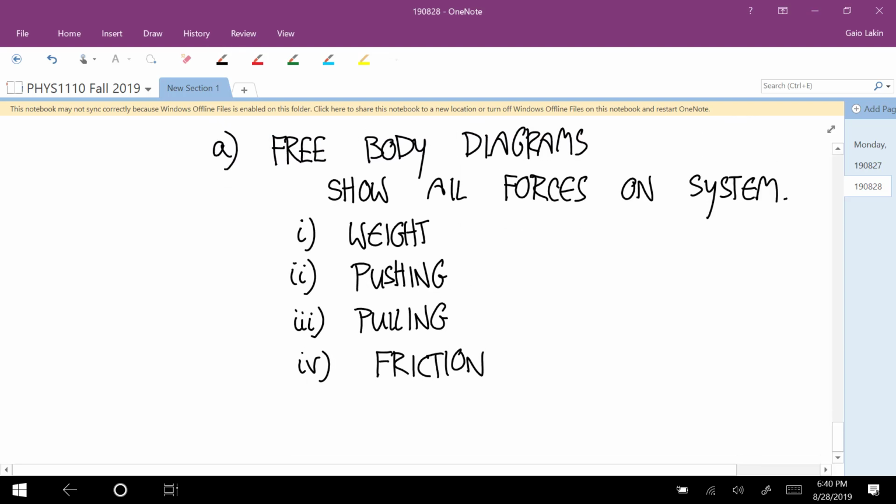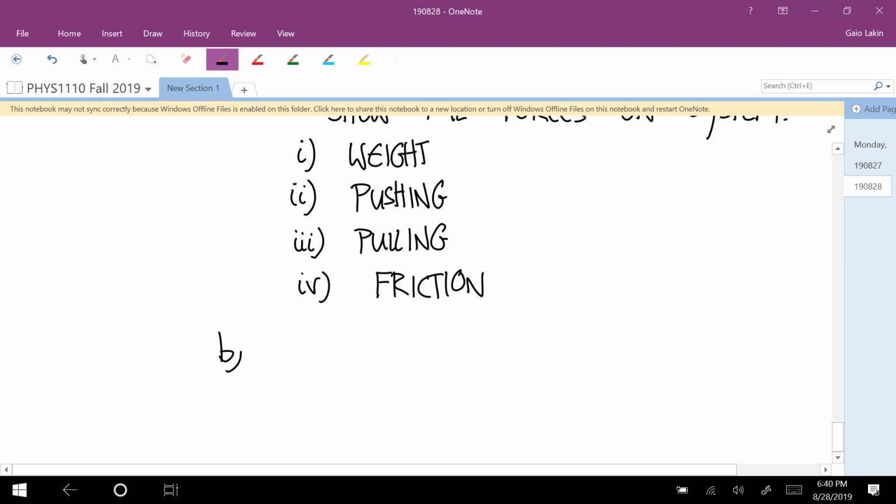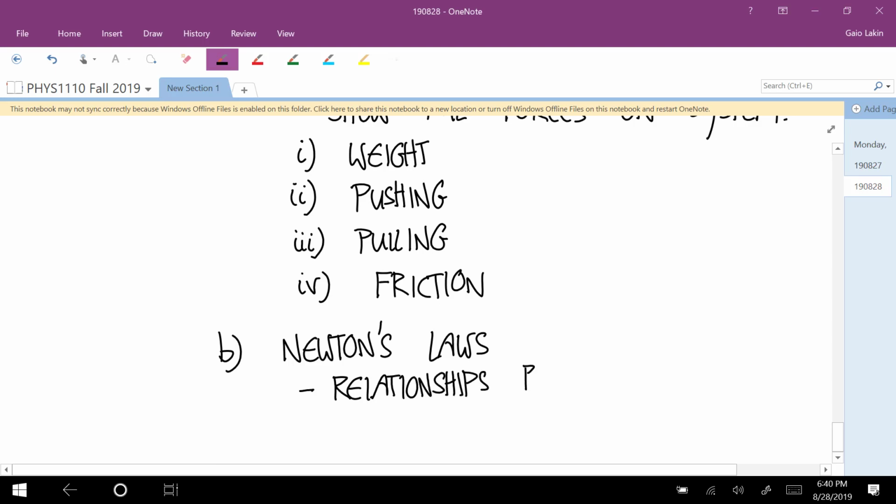Then after we've talked about free body diagrams, we're going to get into Newton's laws. And you can think of Newton's laws as relationships between the motion and the causes of the motion.